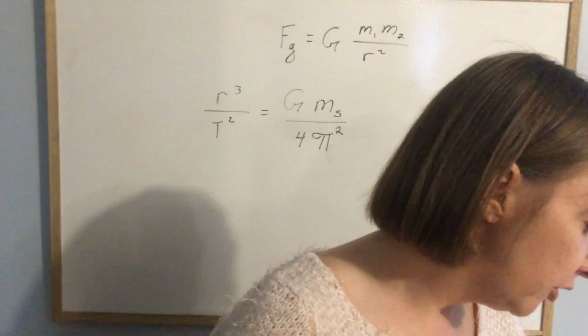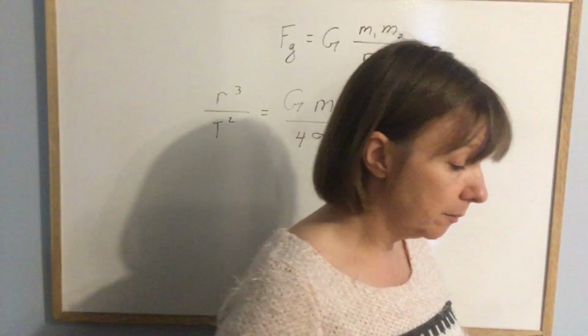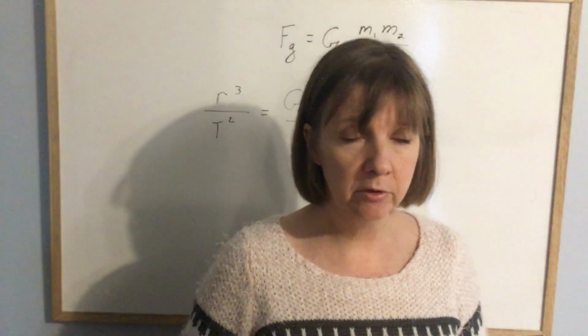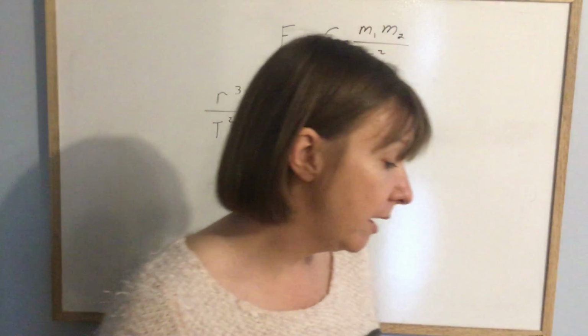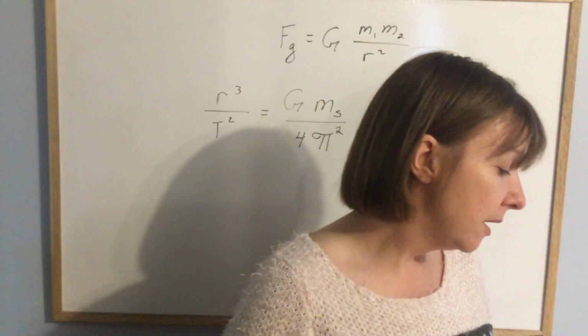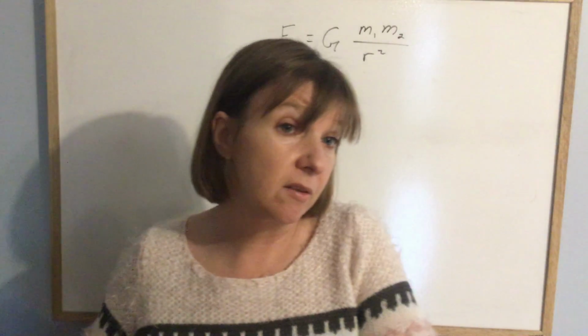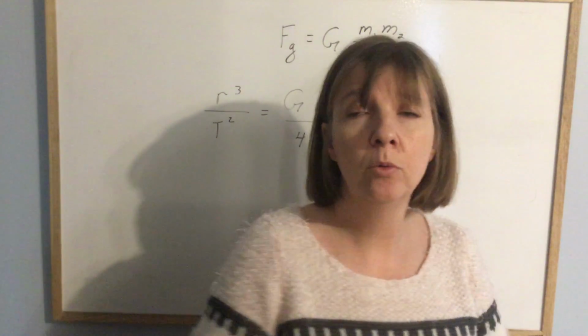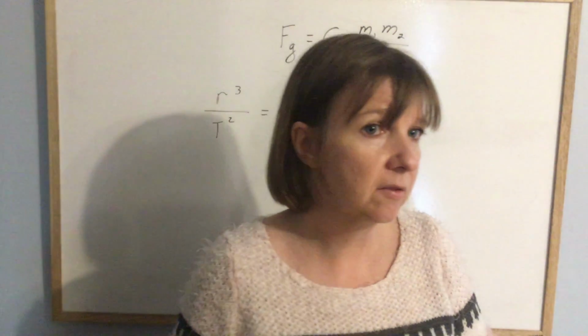Kepler had focused only on the sun and the planets. But remember, what Newton did differently was that he applied his laws to all types of orbital motion. So he didn't just say the planets around the sun, but that the moon moves around the earth in the same way.